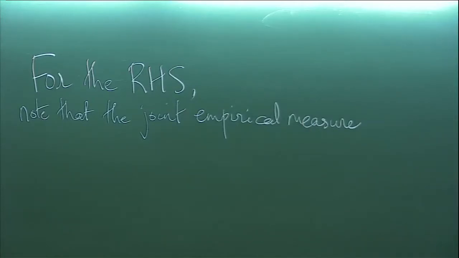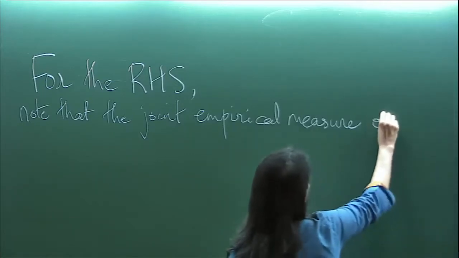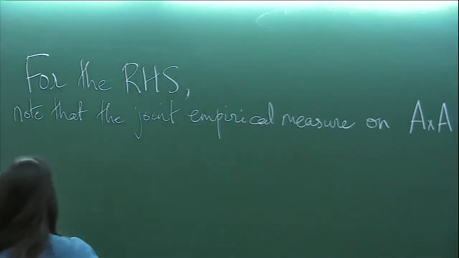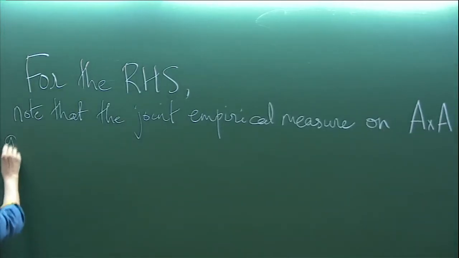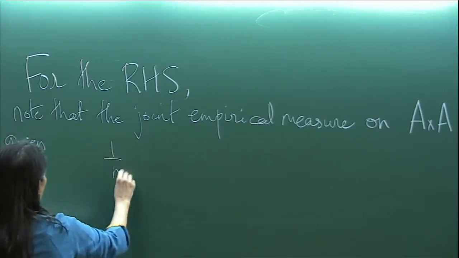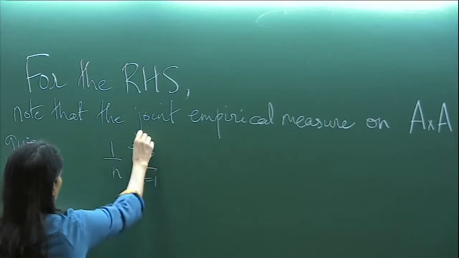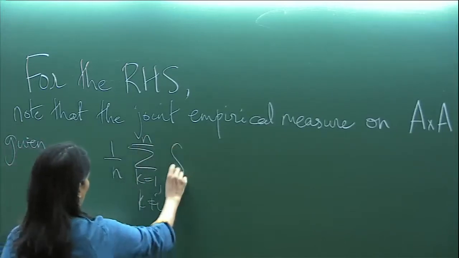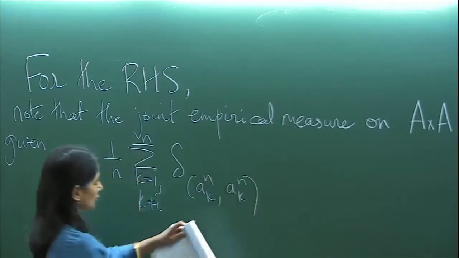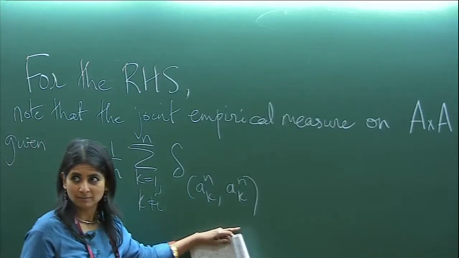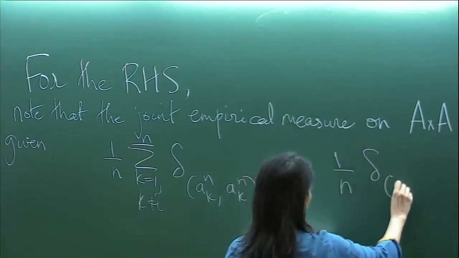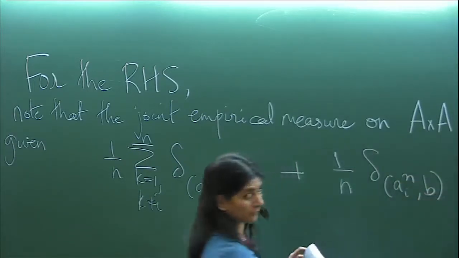Here we're going to couple the original strategy, the one with A, and the one where A_i is replaced by B. So this is why you have an A cross A empirical measure, which is given by 1 over n summation k equals 1 to n, k not equal to i, of delta (a_k^n, a_k^n), plus 1 over n delta (a_i^n, b).